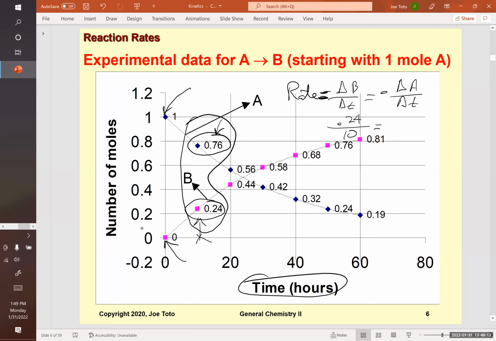And that should equal minus 0.24 over 10 for A, because A went down. So its final minus initial would be 0.76 minus 1, which is minus 0.24.